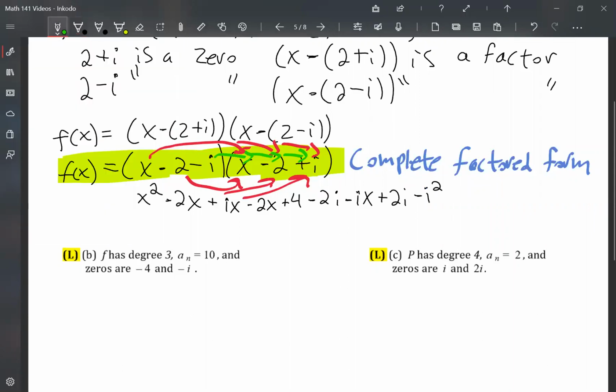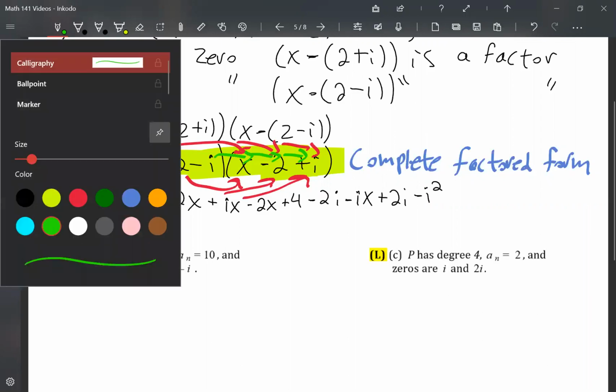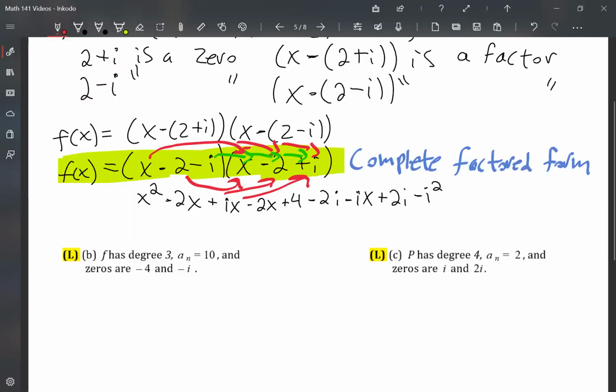Right off the bat, we can see a few things cancel. We have ix and negative ix, and negative 2i and positive 2i, which cancel. So we have x squared, and negative 2x and negative 2x combine to negative 4x.